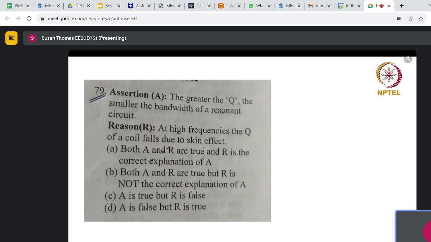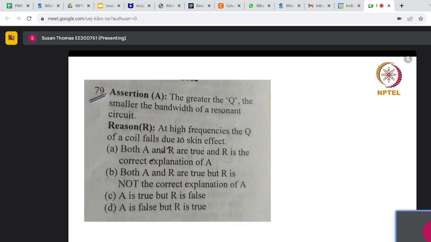So the options are like, you have to say either the assertion is true, the reason is true, A and R both are true if R is the correct explanation of A, or any of these are true or false. So these are the different options you have.